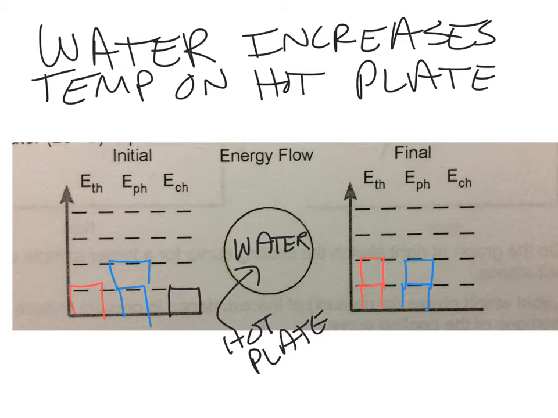It's still liquid water, so I'm still going to draw two blocks just like I had before. And then the chemical energy, the kind of chemical I have hasn't changed, so I'm going to draw just one block again. And so this is what my bar chart should look like. The big change it shows is that increase in thermal energy since the temperature increased.